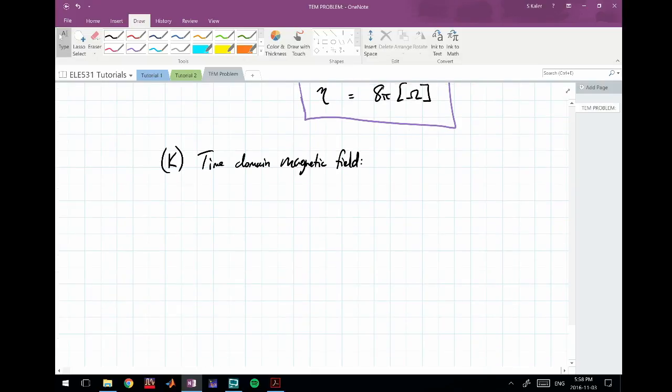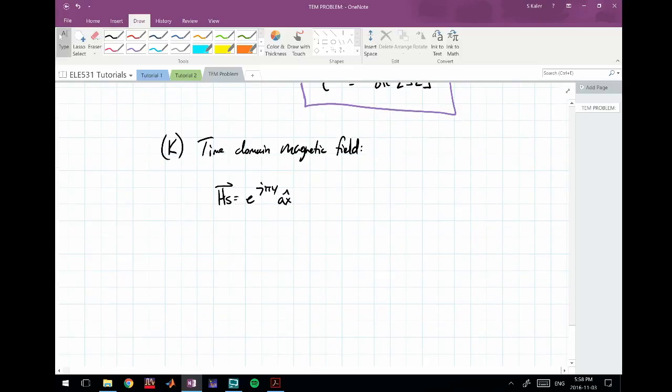Essentially we have Hs is e to the j pi y ax, and we know that in general, h is just the real part of h naught e to the j gamma y, and e to the j omega t.